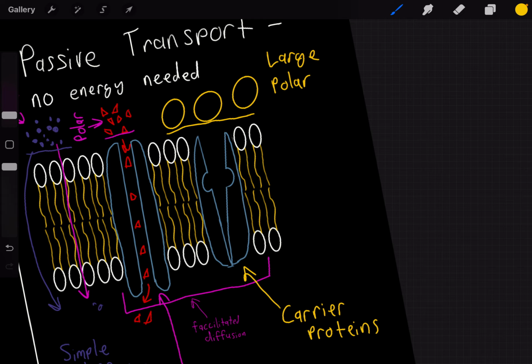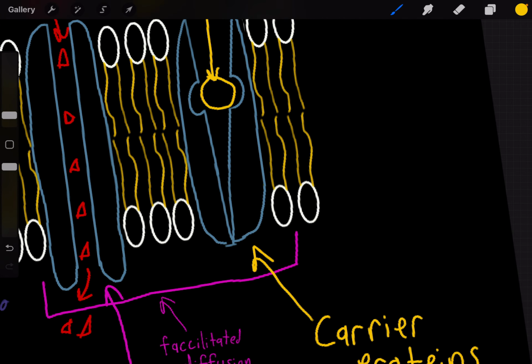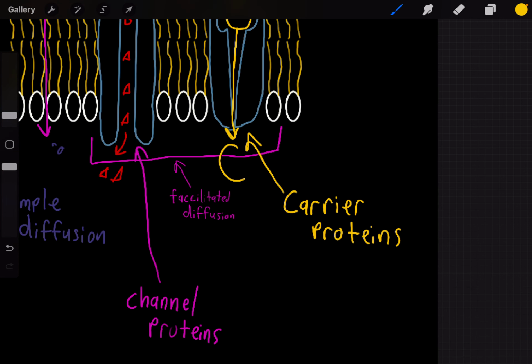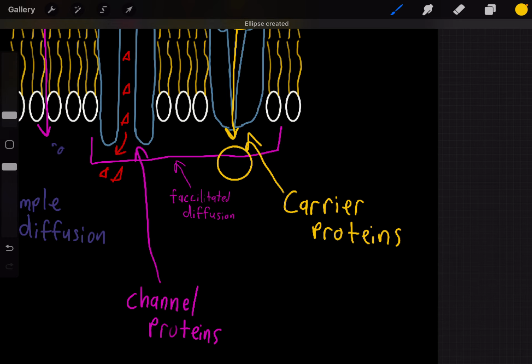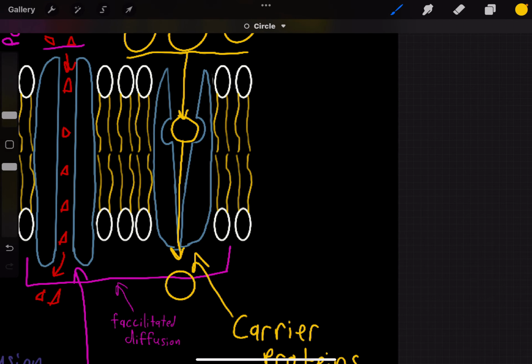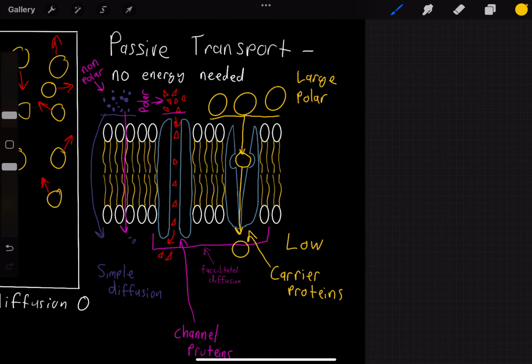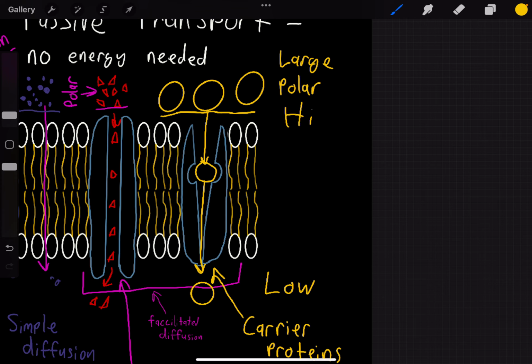The protein will open up, take a molecule, and carry it like a boat to the other side, to another low gradient with lower solute. So you have your high gradient here and your low gradient here.